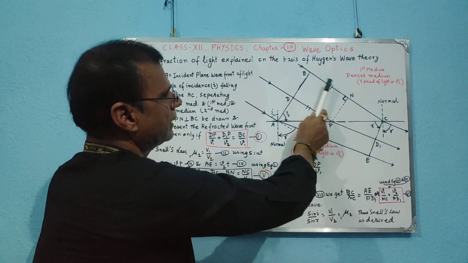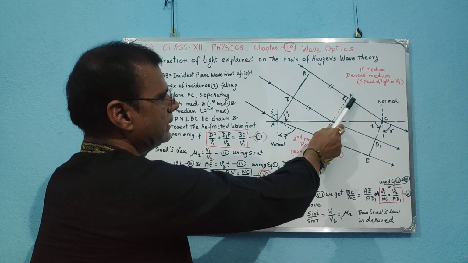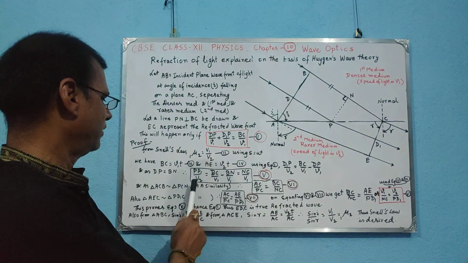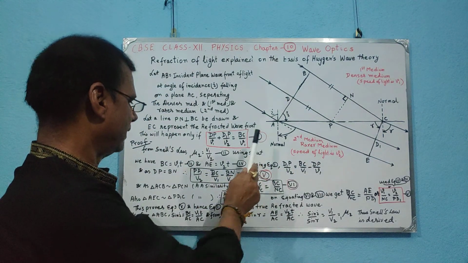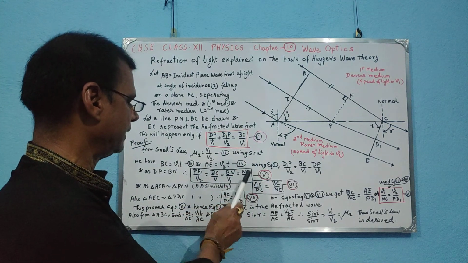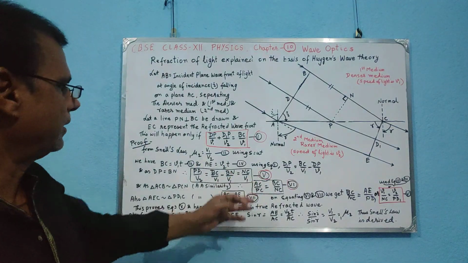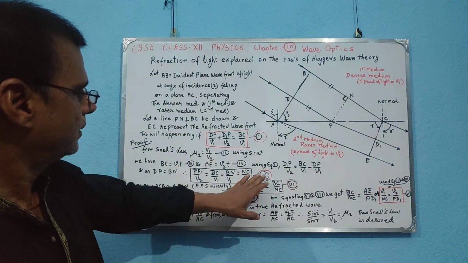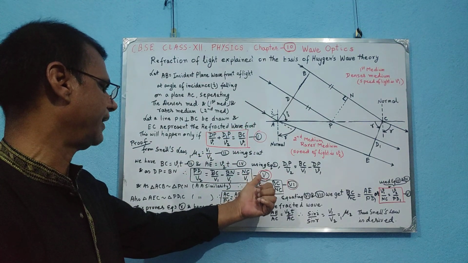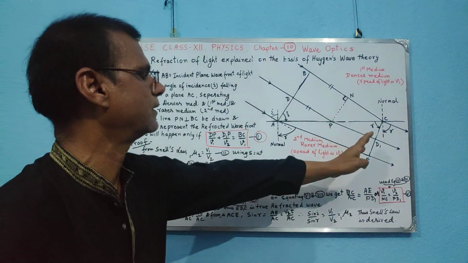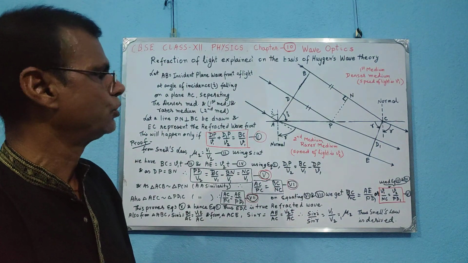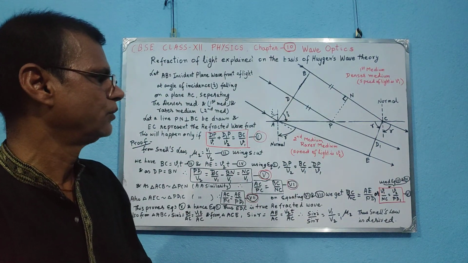BC is the whole length, minus BN, that means it is equal to the remaining part NC upon v1. So we get equation number 1 rewritten in the form PD1 upon v2 is equal to NC upon v1. We call it equation number 5, which is just another form of equation number 1. So if we prove equation 5, then our assumption that ED1C is the true refracted wavefront will be true.